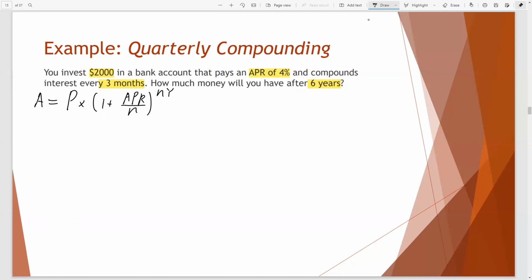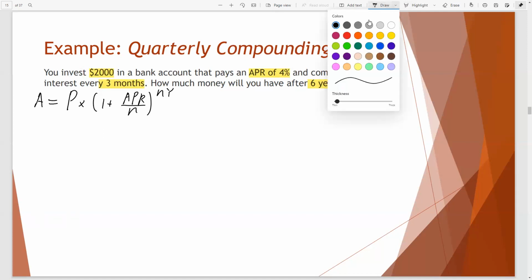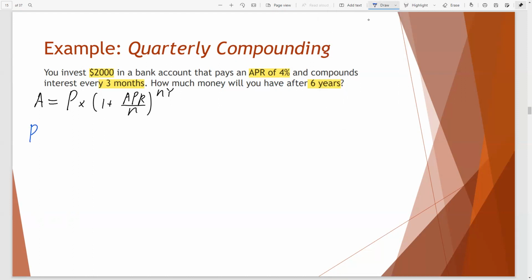In this case, the principal is $2,000. The APR is 4%, which is 0.04. n is the number of payments, y is clearly shown as 6 years. n is the number of payments every year, right?